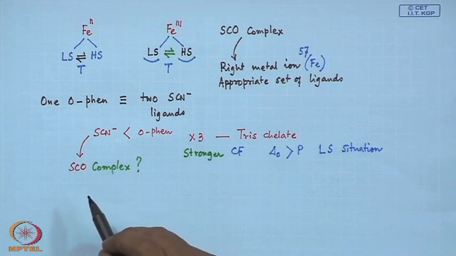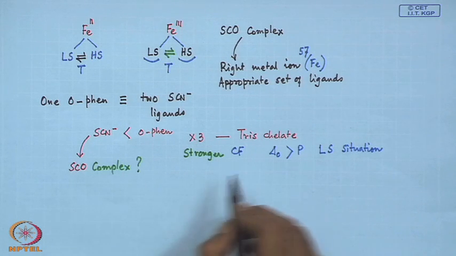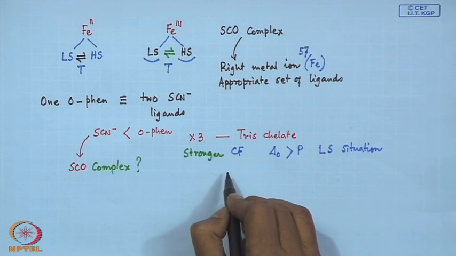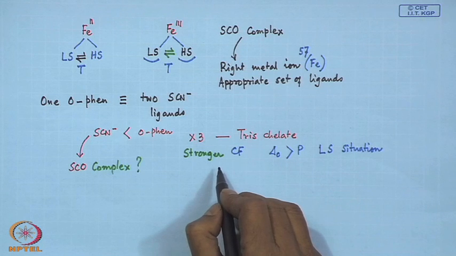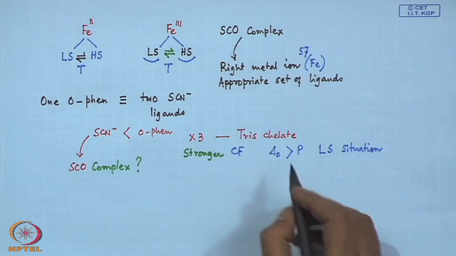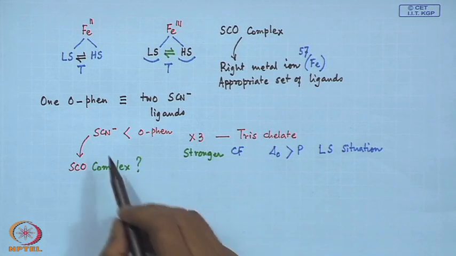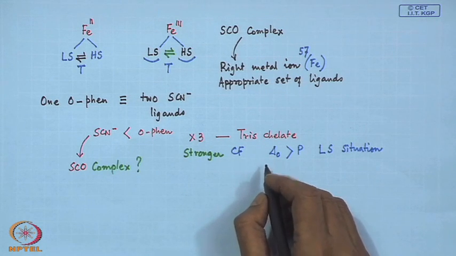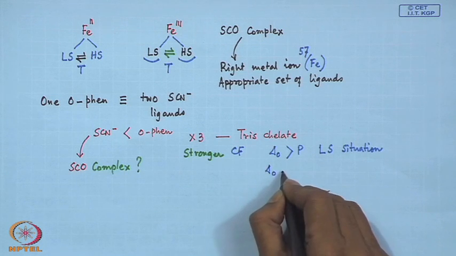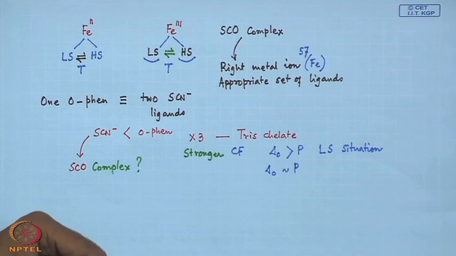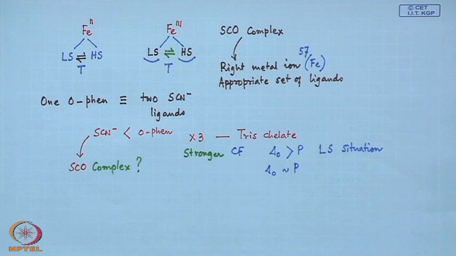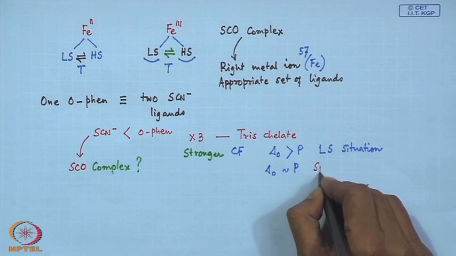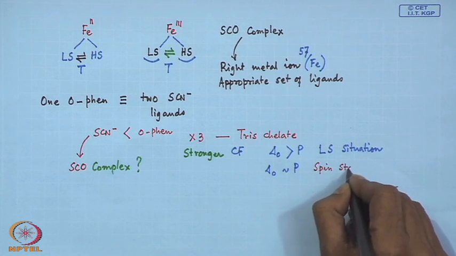But when we go for the thiocyanate compound, we are compromising, that means we are trying to reduce the crystal field strength. As we reduce it, with 2 thiocyanates substituting 1 phenanthroline, our expectation is that delta octahedron would be comparable to P. That is the expected situation where we can have the spin state equilibrium.